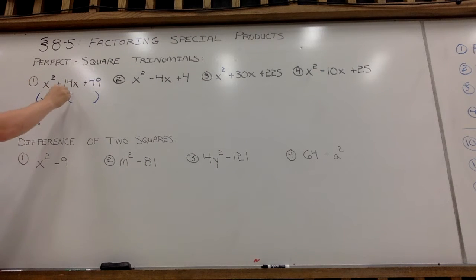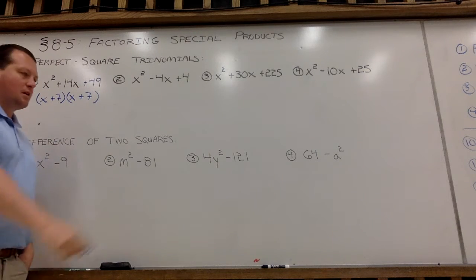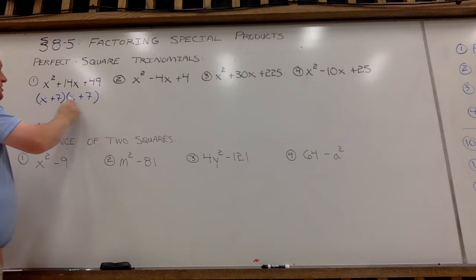To get x squared, I'll go x and x, and then two numbers that multiply to make 49 and add to make 14 are 7 and 7. So the tip-off here is that the square root of 49 is 7, and 7 plus 7 is 14. What's special about this is that my two binomials are identical.